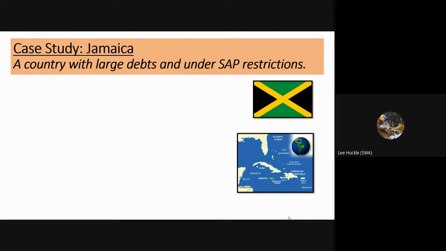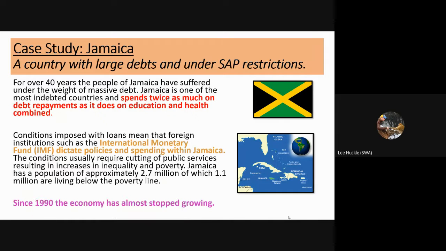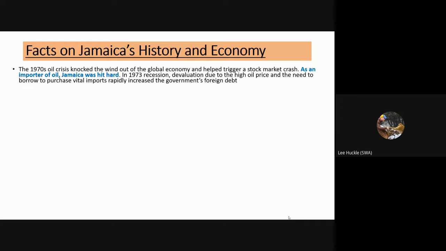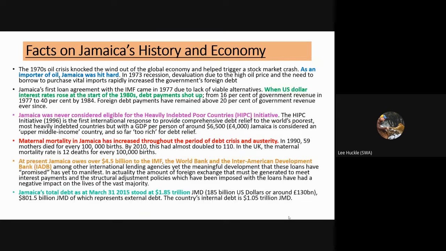That then led into a case study looking at Jamaica, a country that had huge debts, was put under the structural adjustment program restrictions, and what happened in Jamaica. You completed that case study. You had all of these resources as part of that, so you should have all of these, but pause if you need a reminder.